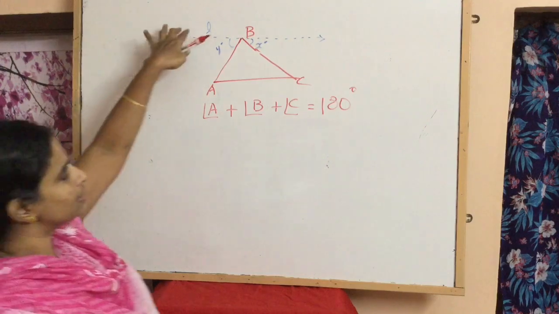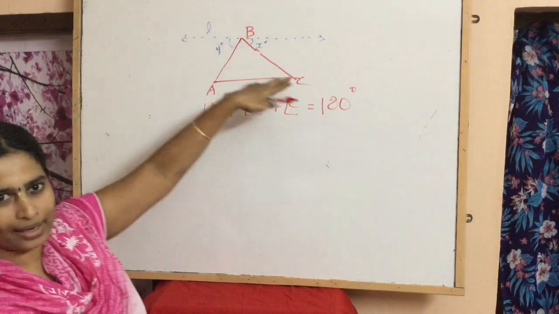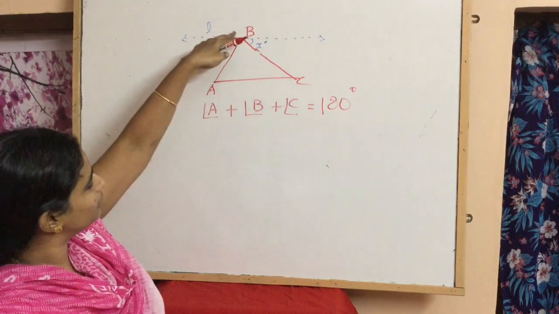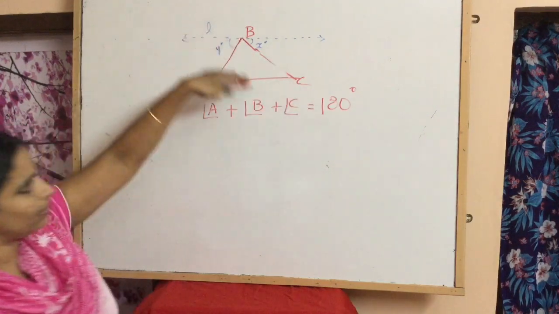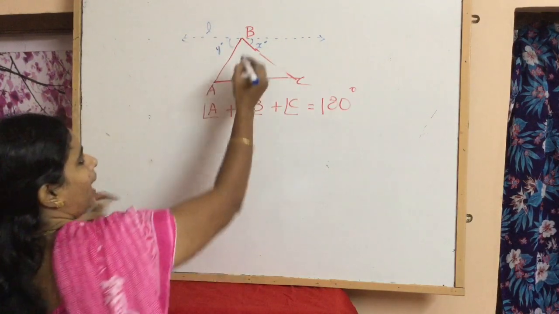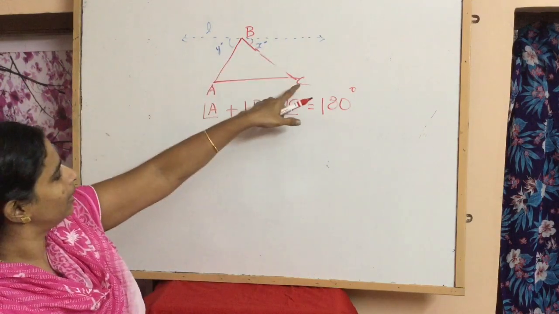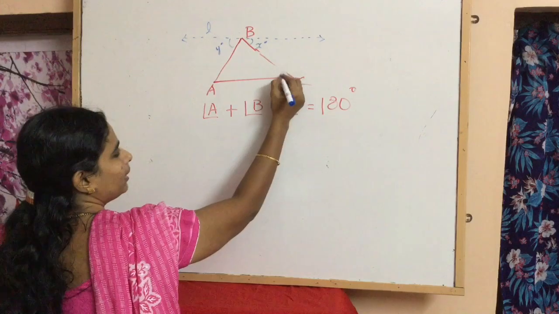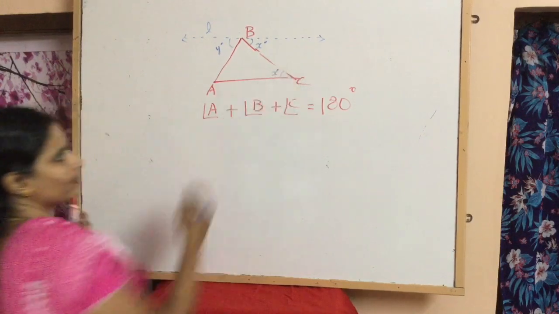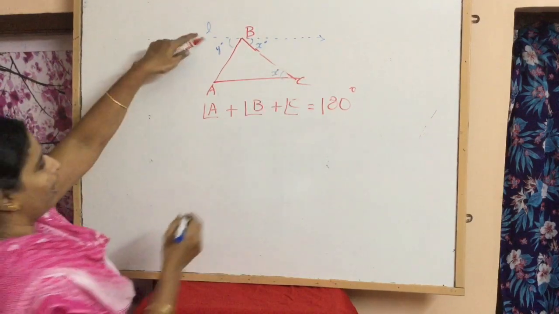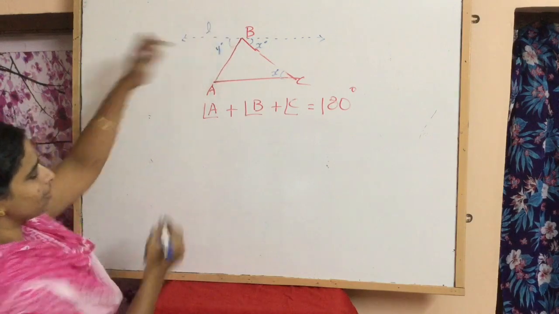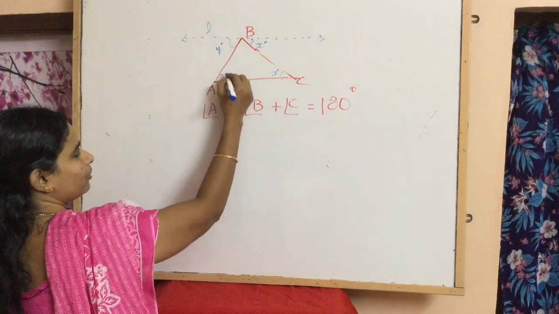Since these two lines are parallel and BC transverses these two lines, the angles between these two are alternate interior angles. And so this angle becomes X degrees. In the same way, this angle and this angle are equal, and this becomes Y degrees.